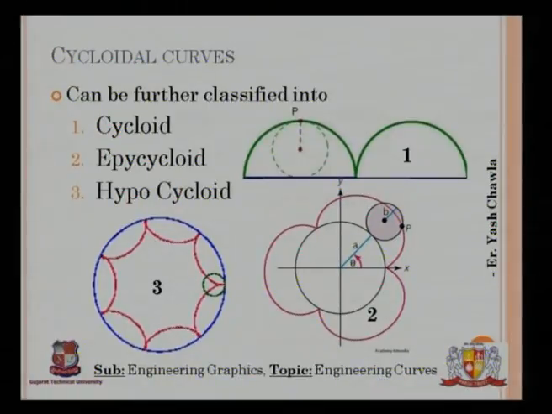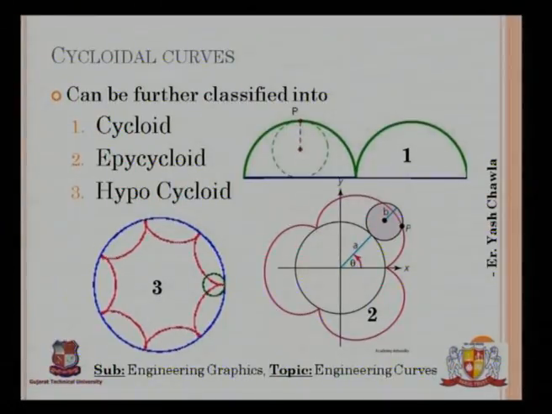And the third one is the hypocycloid. In epicycloid, the circle is moving outside the bigger circle, and in hypocycloid, that same small circle is moving inside the curve and the path is being traced.